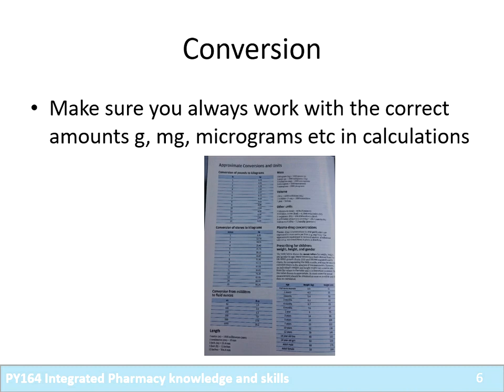If we look back at that drug error, the one that happened in Worthing, the danger is that the doctor was so used to writing in milligrams. Presumably the nurses were used to reading milligrams as a dose, which is why they went ahead and gave the incorrect dose. And there's information in the back of the BNF for you to have a look at and see how that will relate to what you need to know.